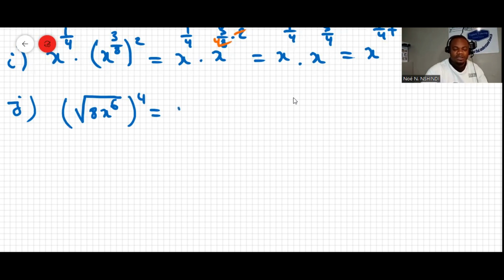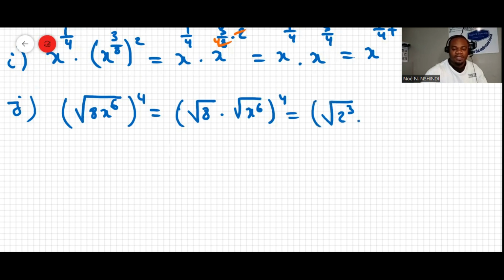So it's going to be square root of 8 multiplied by square root of x to the power of 6, all to the power of 4. Square root of 8 will make open bracket square root of 2 to the power of 3 multiplied by square root of x to the power of 6, which is x to the power of 6/2, all to the power of 4.